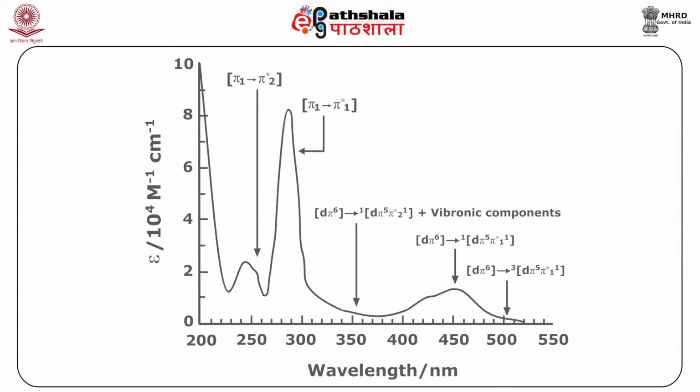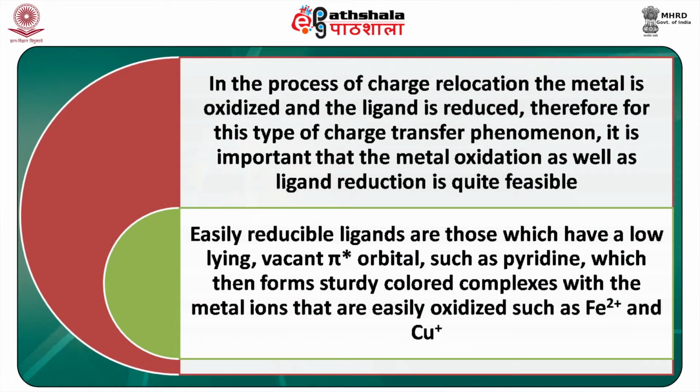The absorption spectrum of the ruthenium bipyridyl 2+ complex possessing the MLCT transition is shown in the figure. In the process of charge relocation, the metal is oxidized and the ligand is reduced. Therefore, for this type of charge transfer phenomena, it is important that the metal oxidation as well as ligand reduction is quite feasible.